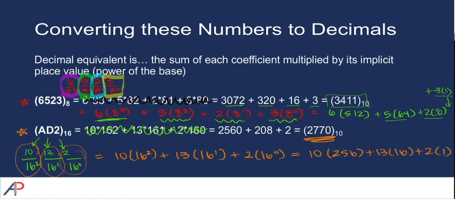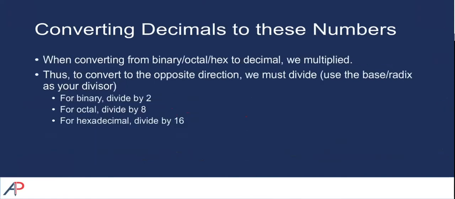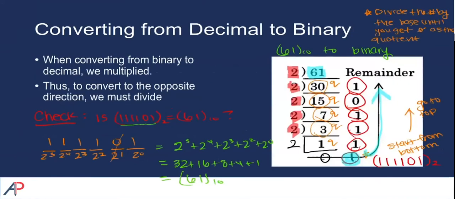Okay, so next we have converting the other direction around. We converted the numbers into decimal numbers. Now we're going to convert the decimal numbers to different number systems. We talked about earlier today how to convert from decimal to binary. Now we're going to take that application and do it with different numbers.